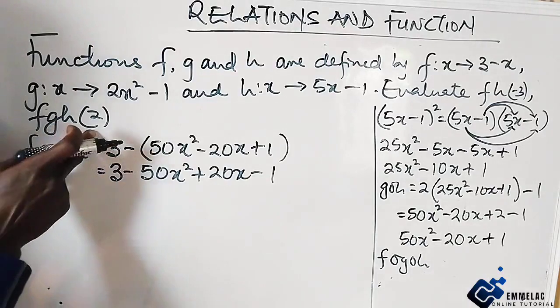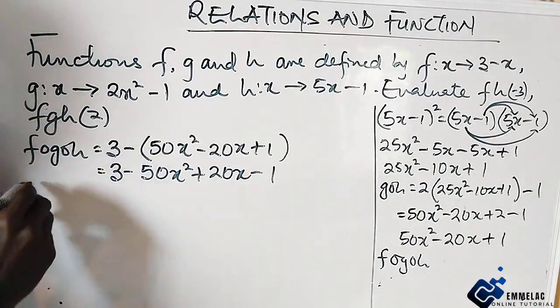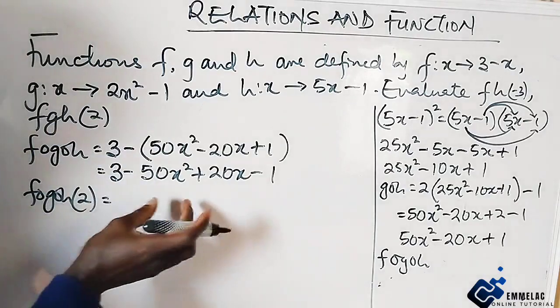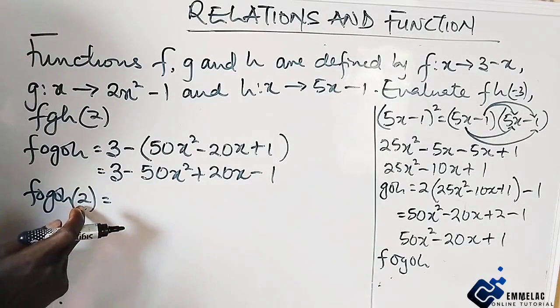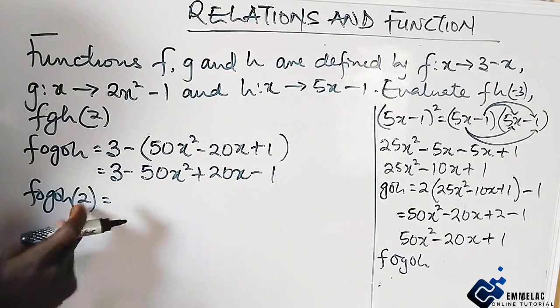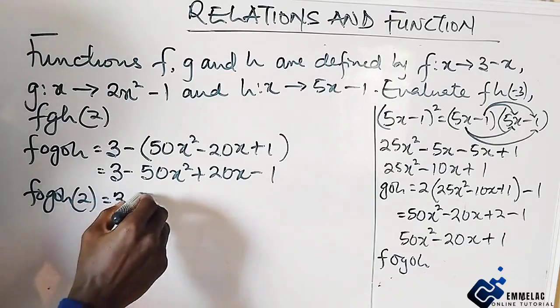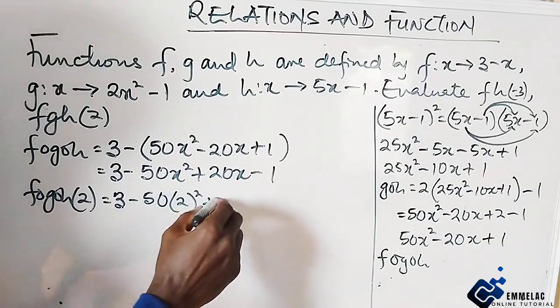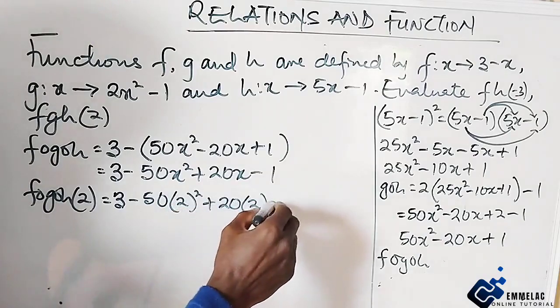Okay, so of 2 here means wherever you see x, replace it with 2. So here you have 3 minus 50 into 2 all raised to power 2, plus 20 into 2, minus 1.